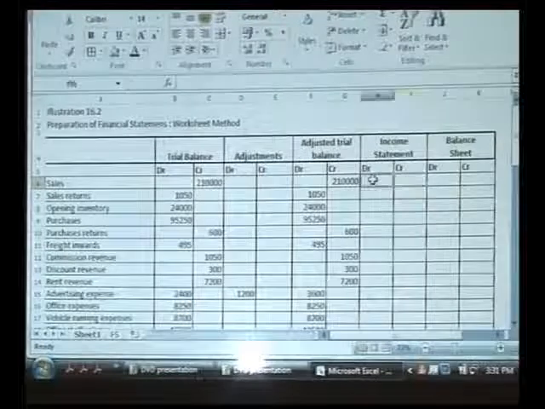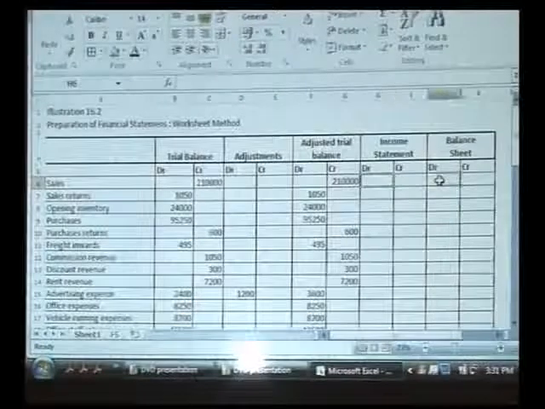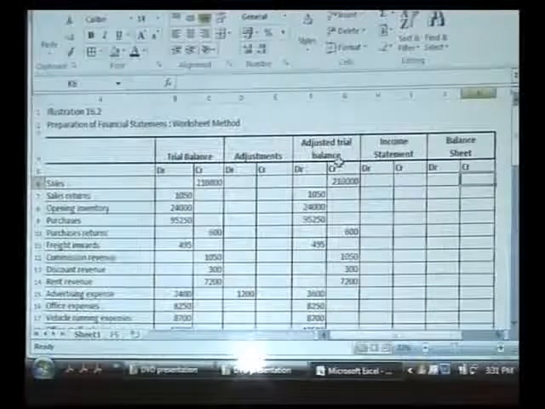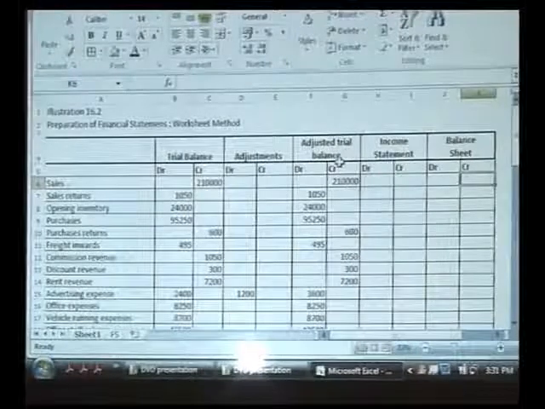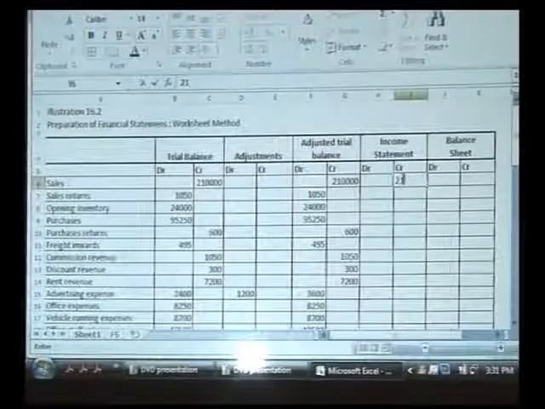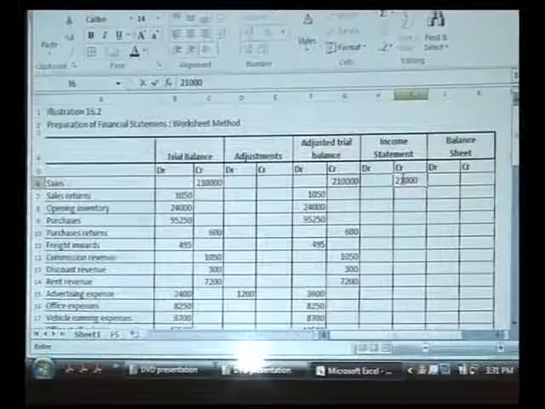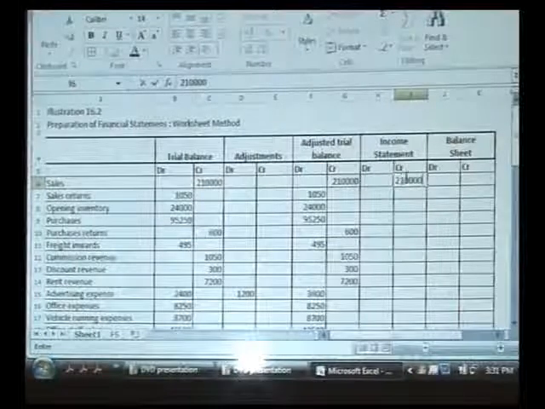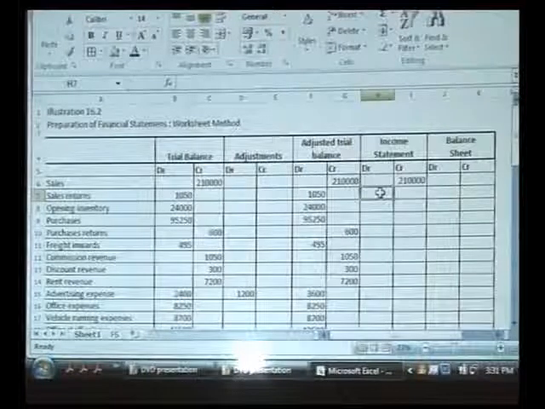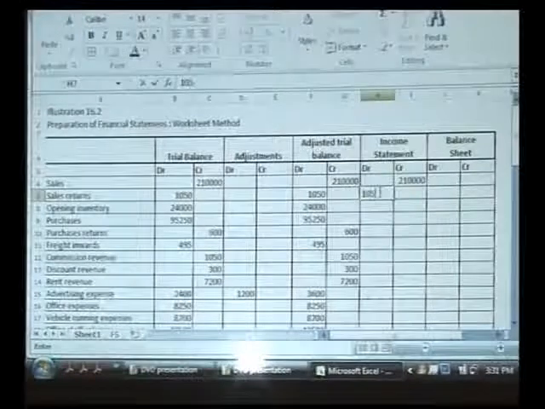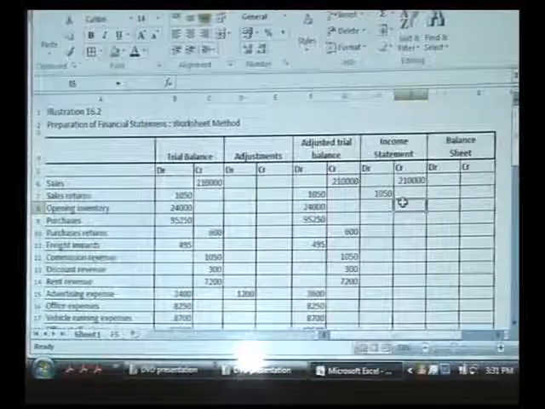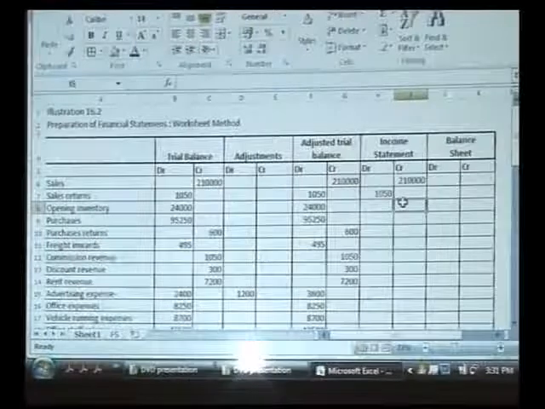If it is debit, record it in the debit column, and if it is credit, record it in the credit column. So we will start. Sales, as you know, income statement credit 210,000. Sales returns, income statement debit because it is a deduction from sales, therefore it is a debit item.